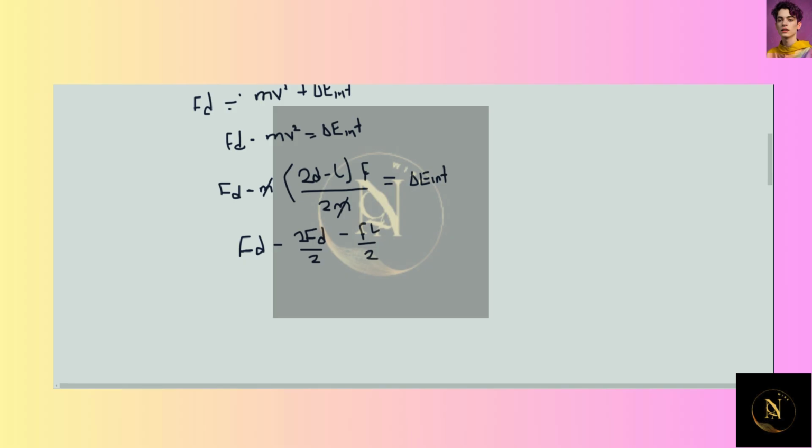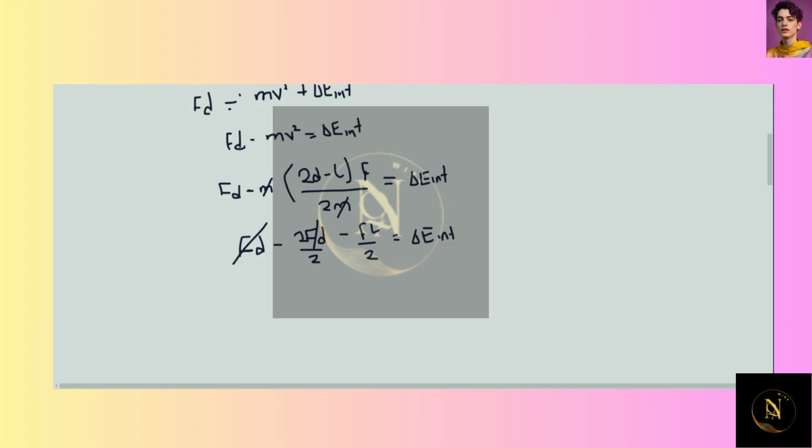So notice if you subtract this, we're just simplifying. So this becomes Fd over 2, so that goes away. And hence this also goes away because that says Fd minus Fd.